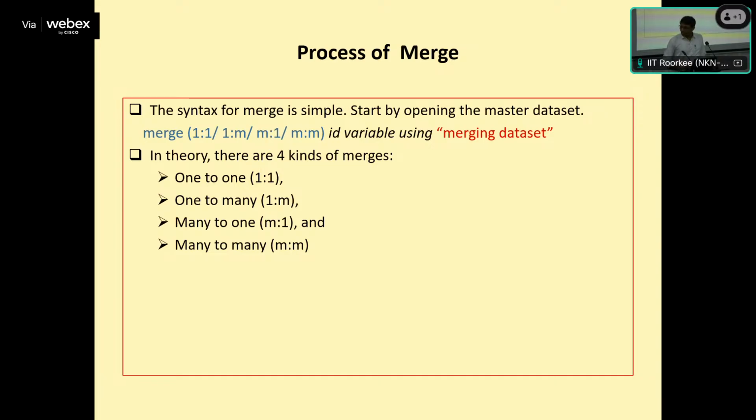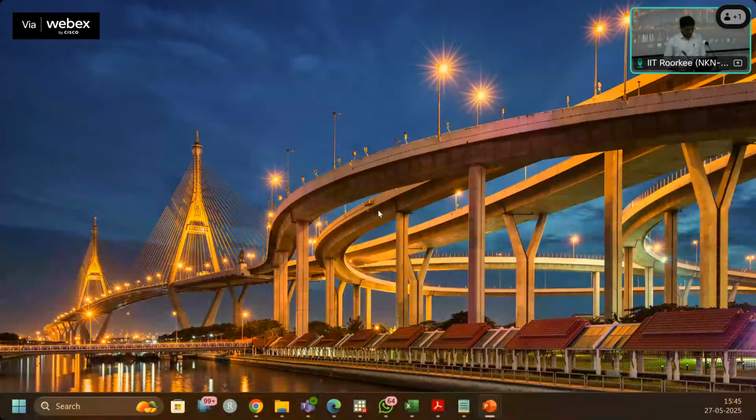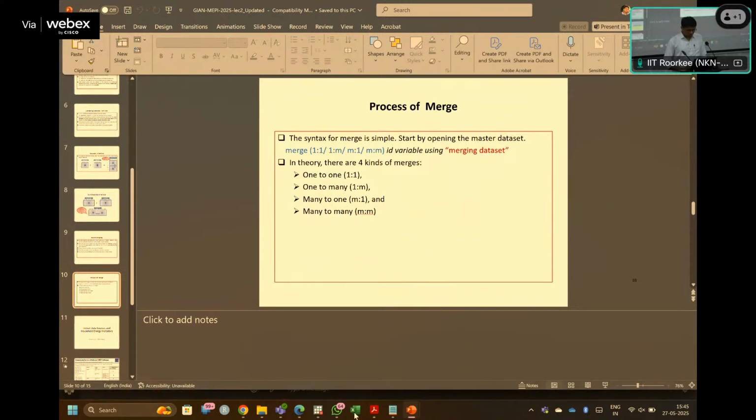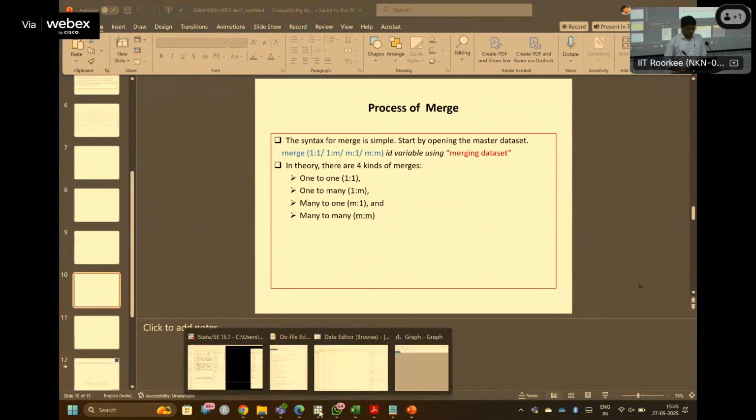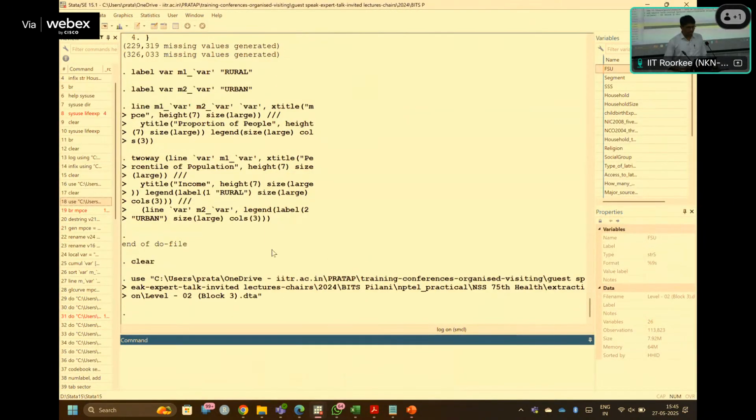So the first 2 are highly suggested, one-to-one or one-to-many. It depends on what file you have opened. Coming to our STATA file which we have opened at the moment, the master file is level number 2.